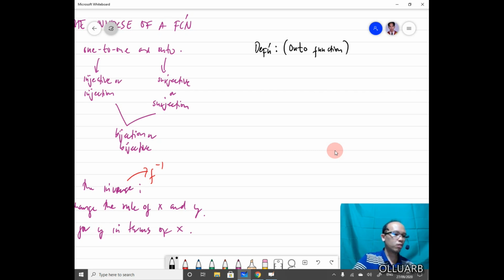Remember before that the range of the function is a subset of the codomain. So this is the definition of the onto.